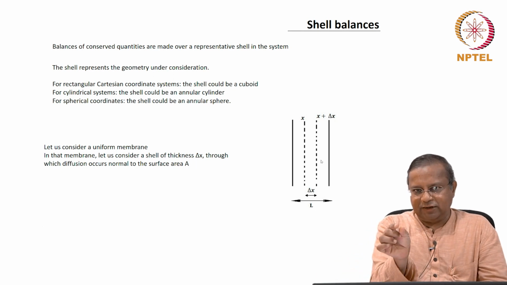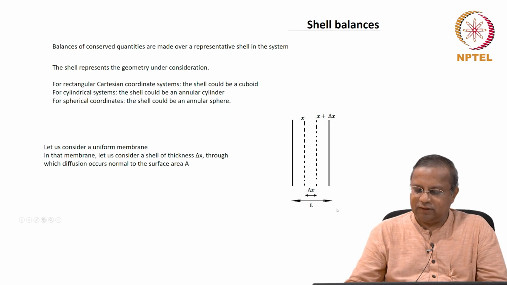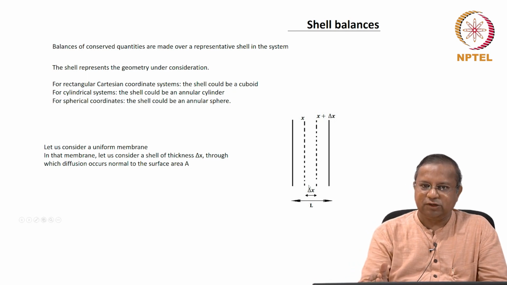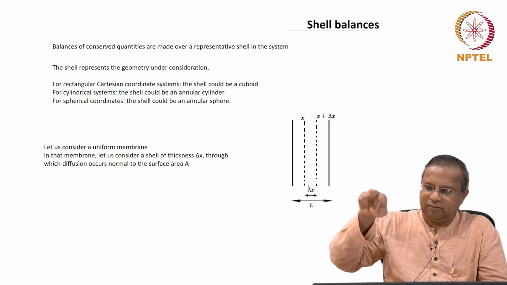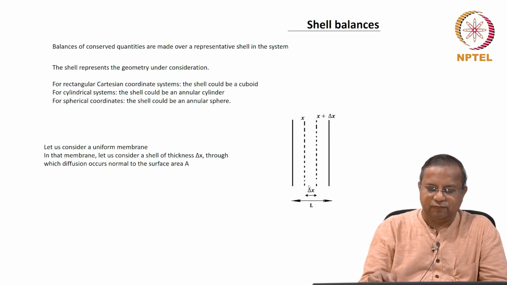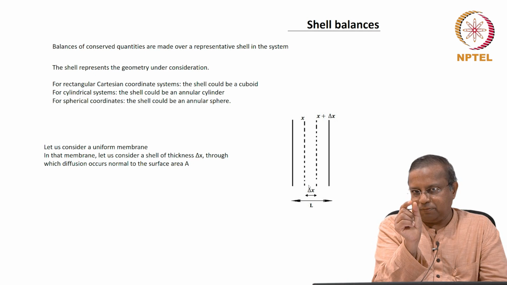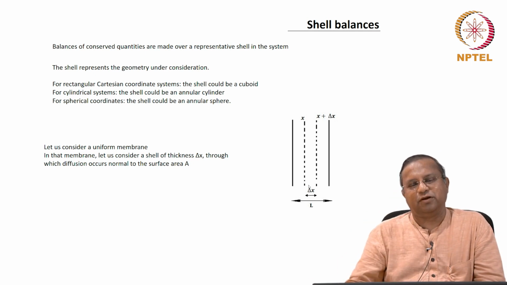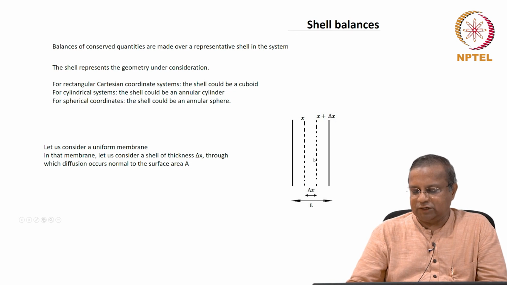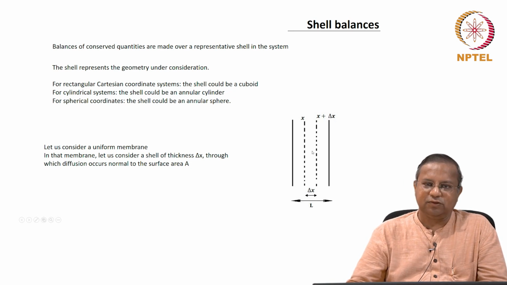In reality, the delta x is very small, and in 3 dimensions this is going to be a cuboid of the same dimensions as that of the system or the membrane, but with a very small thickness. So, that is essentially the shell, and we are going to do mass balances over the shell. That becomes a system.